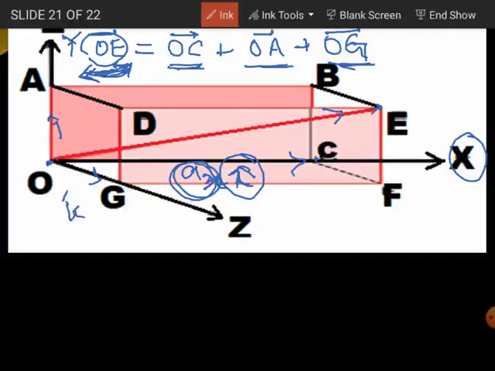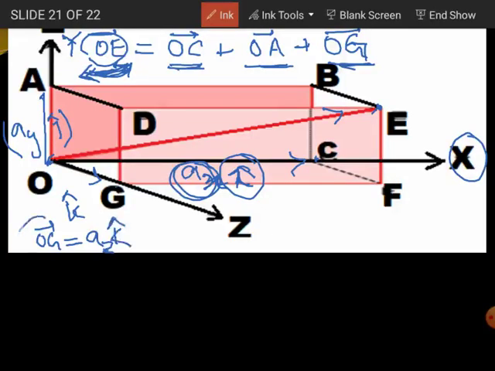So if the magnitude from O to A is represented by AY, then your OA vector will be represented by AY j cap. And if the magnitude of OZ is denoted by AZ, then AZ k cap will represent your OZ vector.